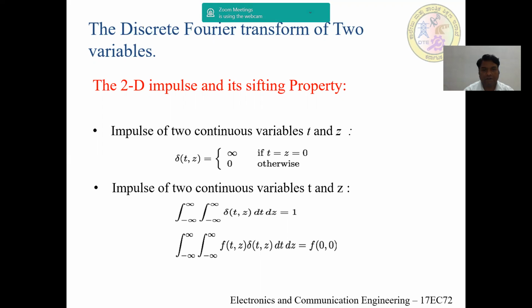That is, the integral from minus infinity to plus infinity, and again from minus infinity to plus infinity, of f of t comma z times delta of t comma z dt dz is equal to f of 0 comma 0, where t and z are variables.